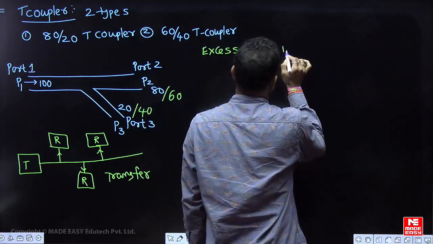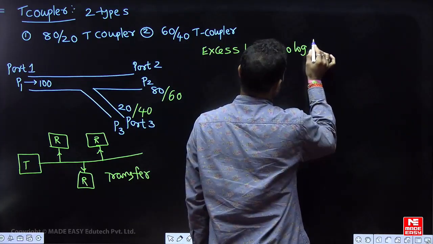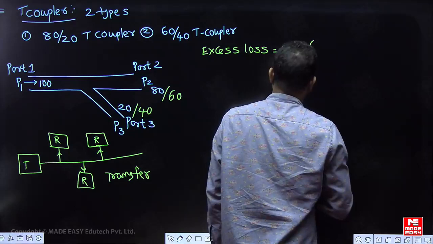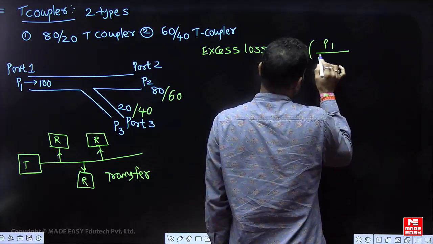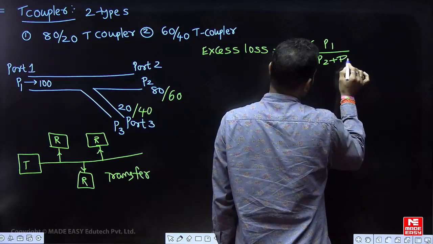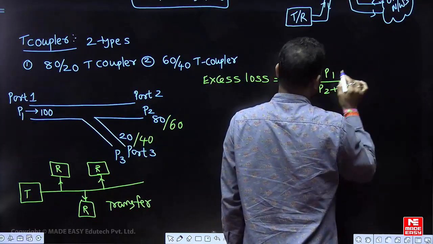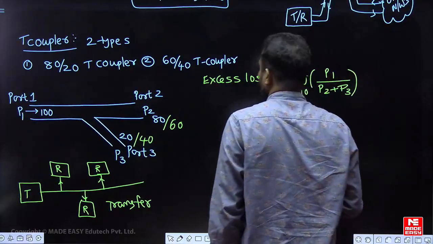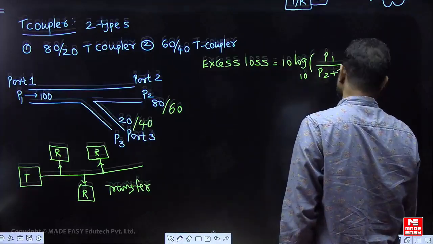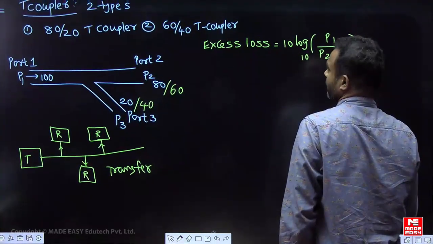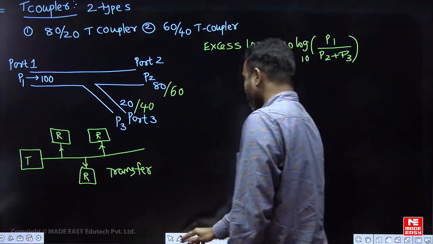Excess loss is given as 10 into log of input P1 upon output value P2 plus P3. I hope everybody in the class understood this. It is called the excess loss.